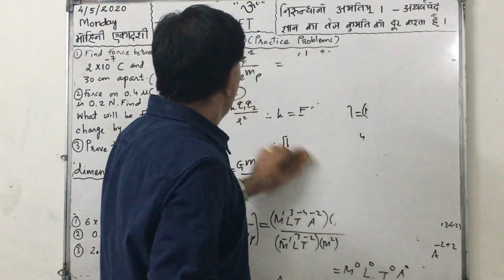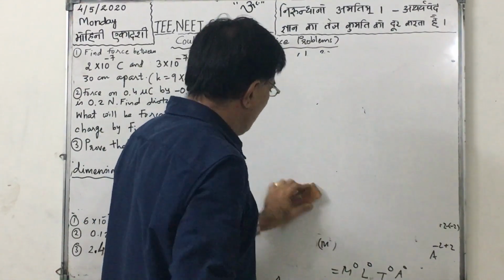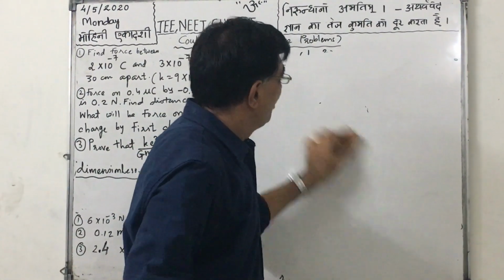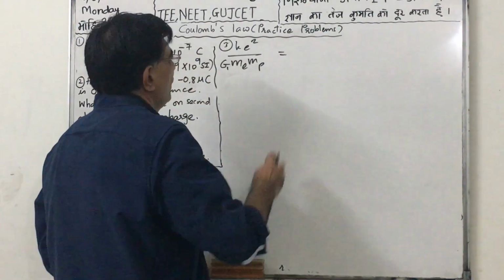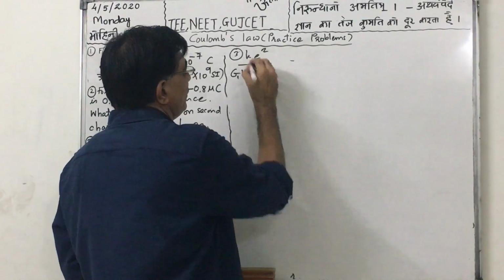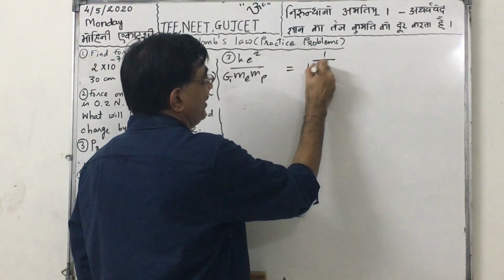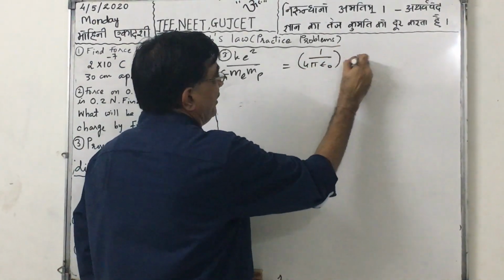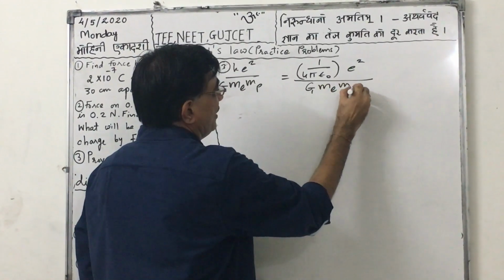So according to epsilon naught, we can calculate like this: the value of K E square upon G M E M P equals, putting K as 1 upon 4 pi epsilon naught according to the textbook, into E square upon G M E M P.